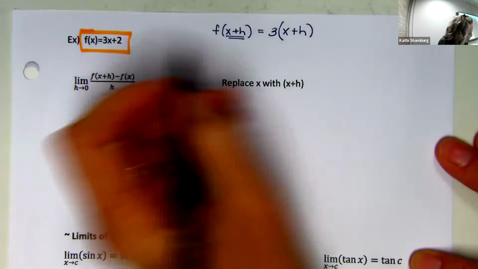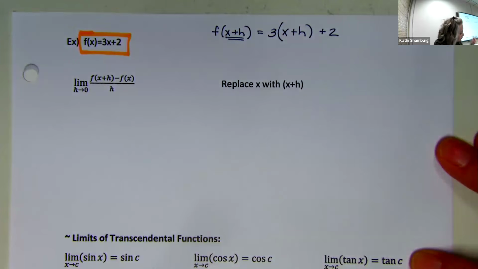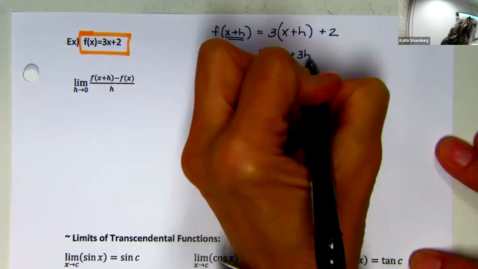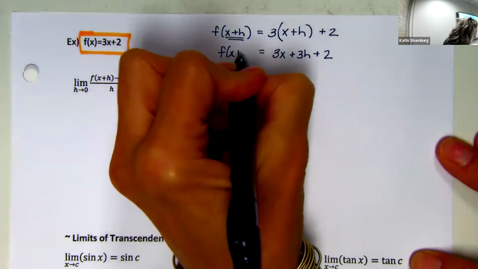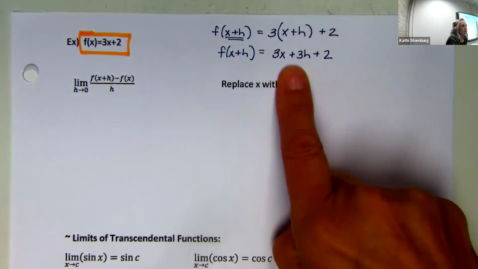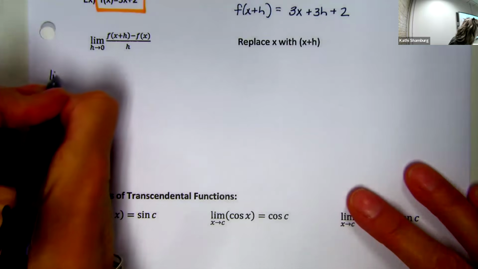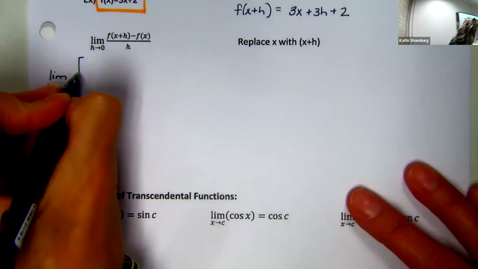And then I still have that plus 2. So now I'm going to distribute my 3. So why did we do that? Because in place of this f of x plus h, I'm going to substitute what that is, 3x plus 3h plus 2.